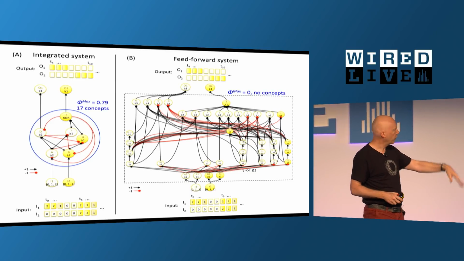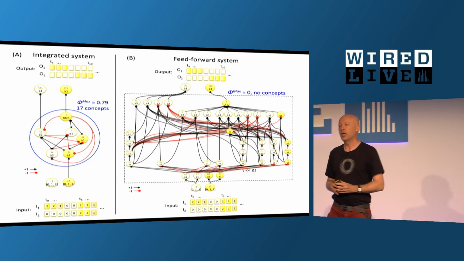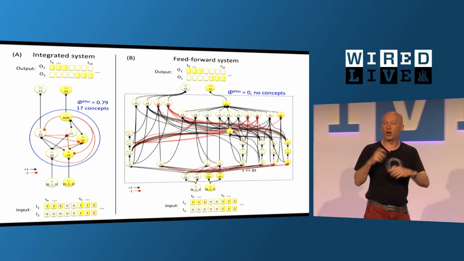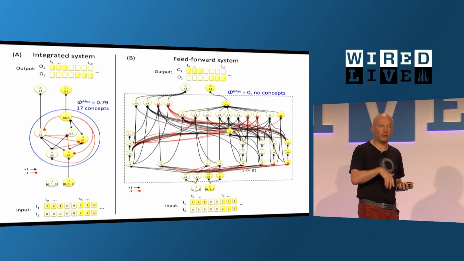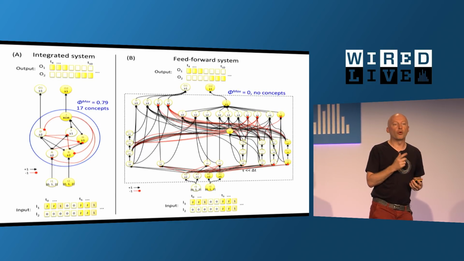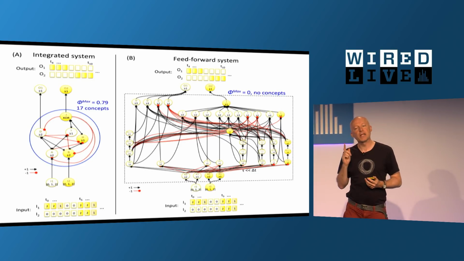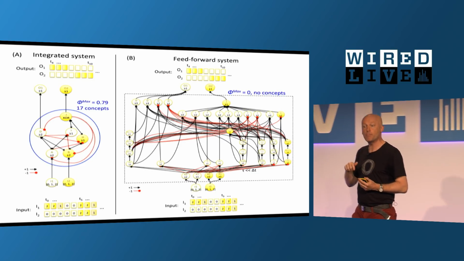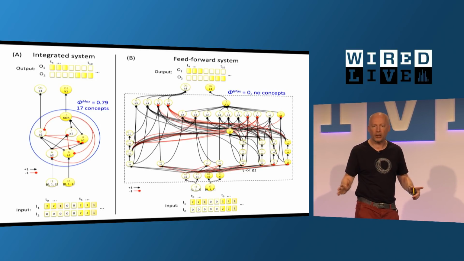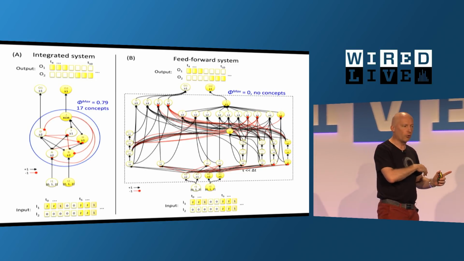These are two networks. The network on the left has a high level of consciousness. The way the neurons are connected and integrated, this measure says that this thing has an internal world. The network on the right behaves in exactly the same way. It has the same input-output behavior, so if you interacted with it, you couldn't tell it was any different from the network on the left.